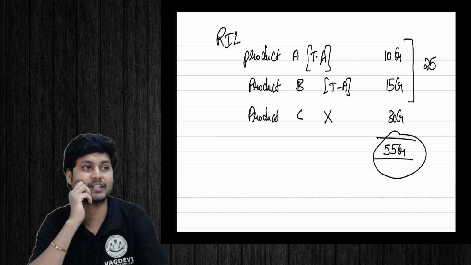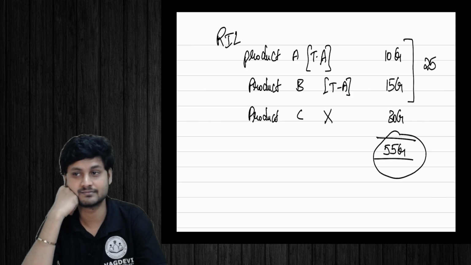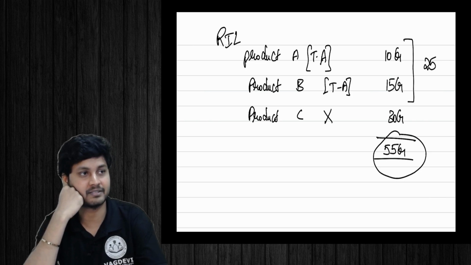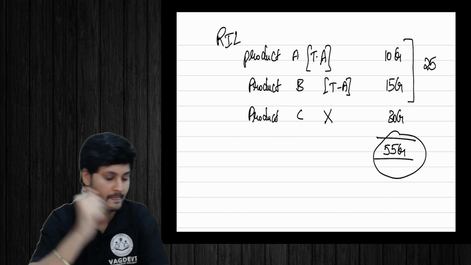Don't write it as 50 crores because sometimes it is 100, and hence don't write it as 50. Write it as prescribed limits. Very important.